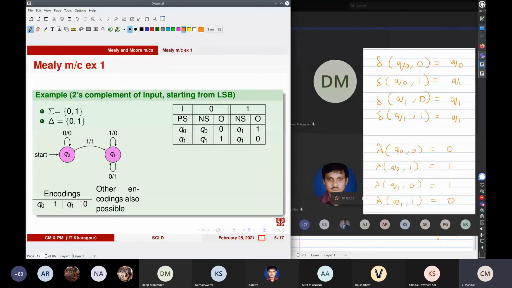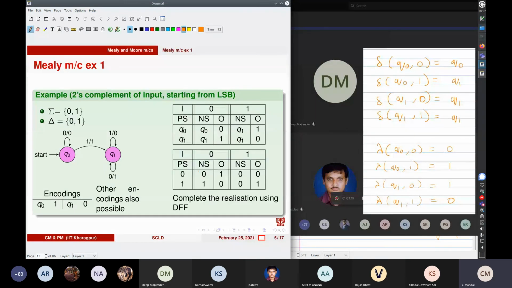That is one way of encoding it. This is the same table, but here we don't have Q0 and Q1 as symbolic states. Here these states have been encoded. So now you actually have a Boolean function that you can realize.